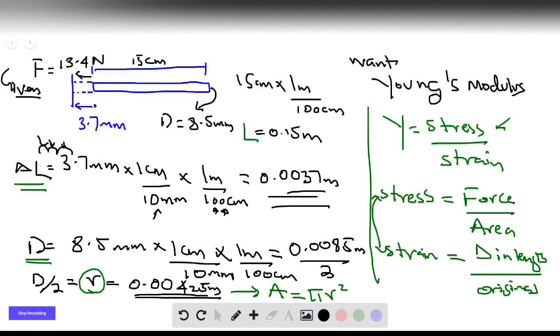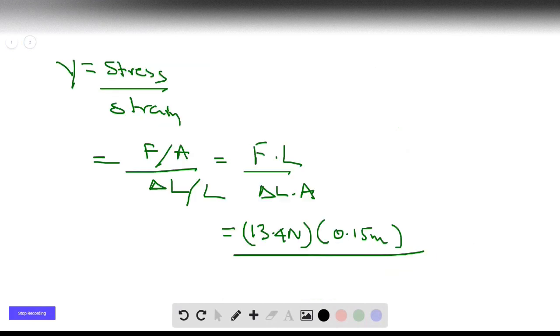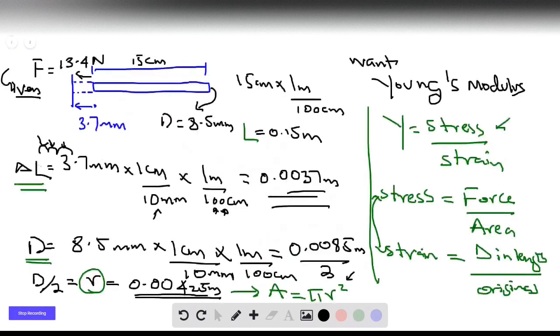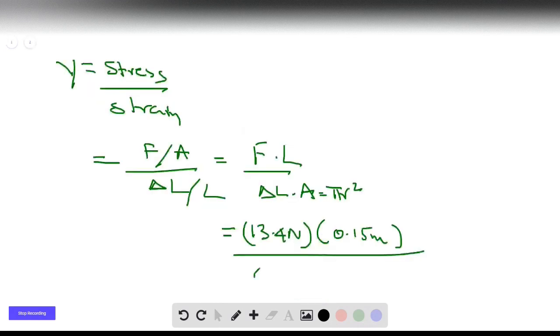So pi, this is the area, is pi r squared. The radius was 0.00425. And so delta L, coming back here, is 0.0037 meters.